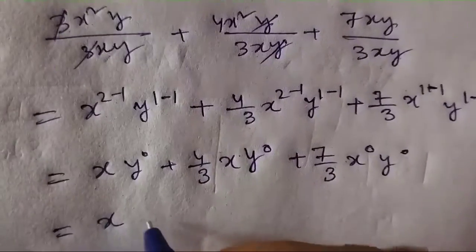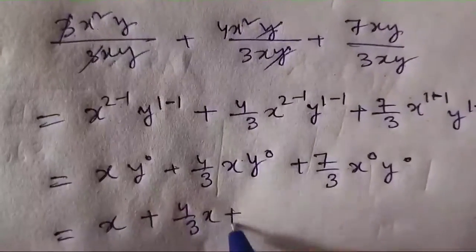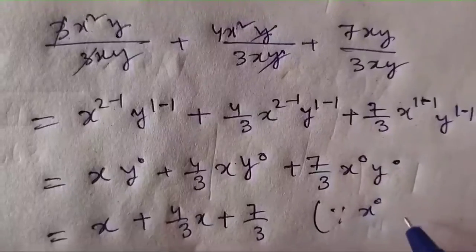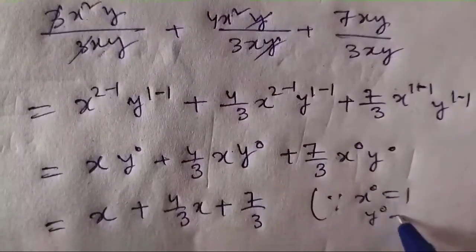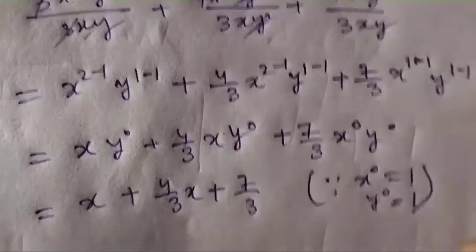So it will be x y to the power 0, which means 1, plus 4 by 3x plus 7 by 3. Since x to the power 0 equal to 1, y to the power 0 equal to 1. Understood? Next question.